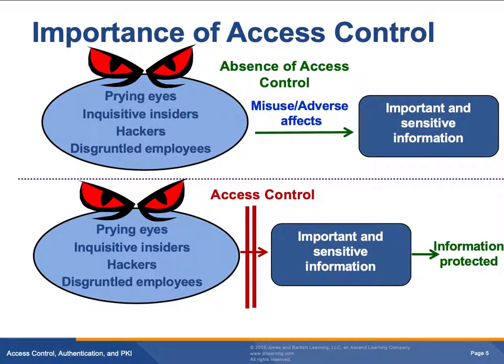So access control provides one level of security, and again, adding levels of security is termed defense in depth, which we'll cover a little bit later in the course. Those extra layers, access control being one of the layers, slow down an attacker and perhaps may even prevent the theft of data.